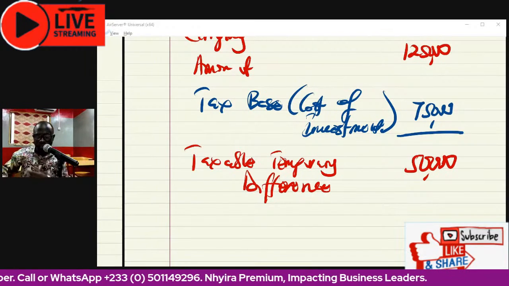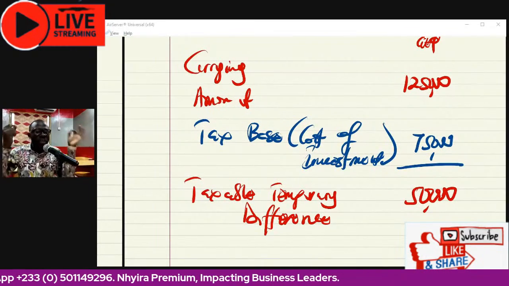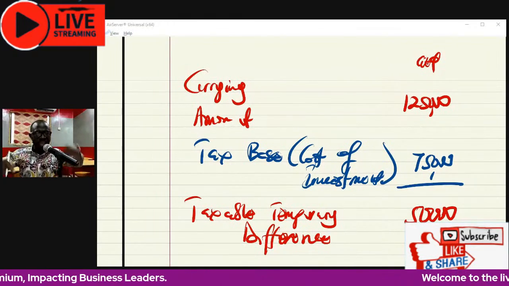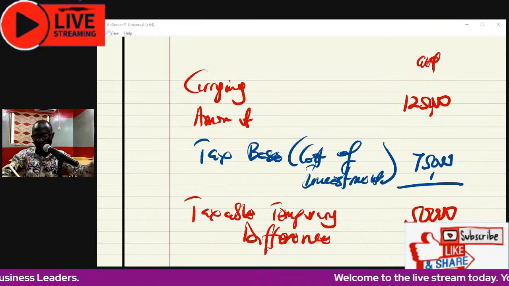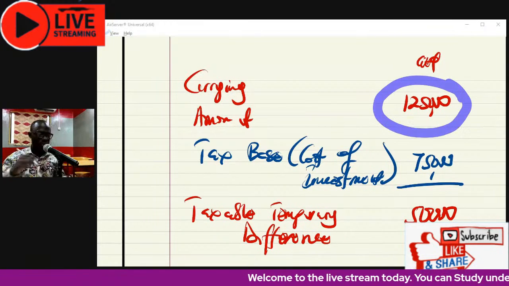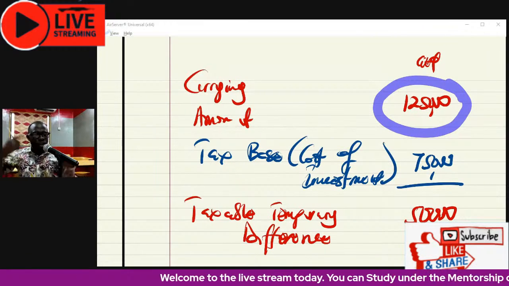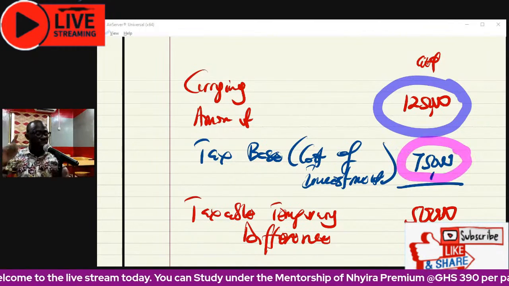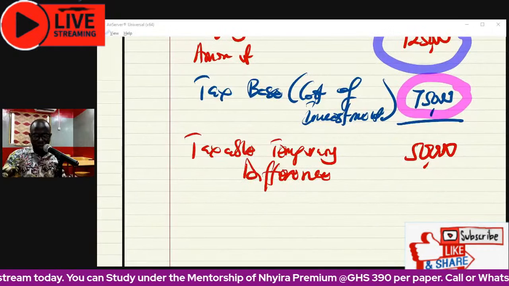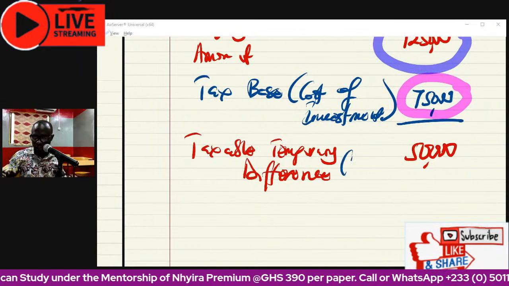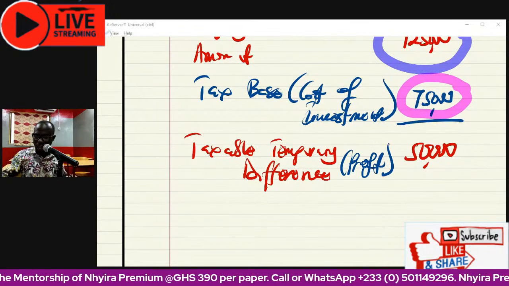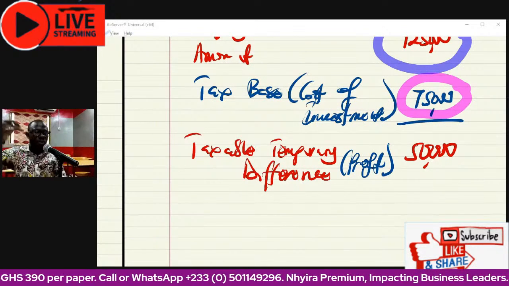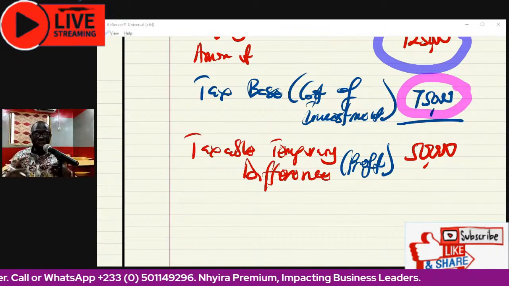What does that mean? It means we are assuming that if you sell your shares today in MTN Ghana PLC, you will sell at 125,000 Ghana cedis, but you spent 75,000 Ghana cedis. For that reason, you are making a profit of 50,000. That potential profit you are likely to make is what is called the taxable temporary difference. Will you sell it?